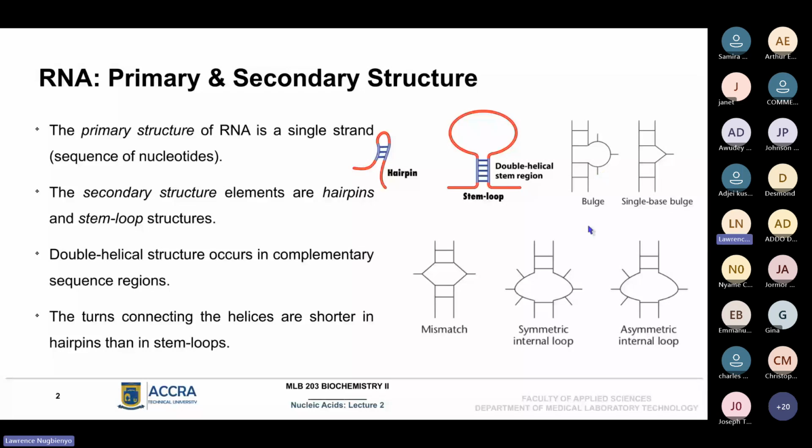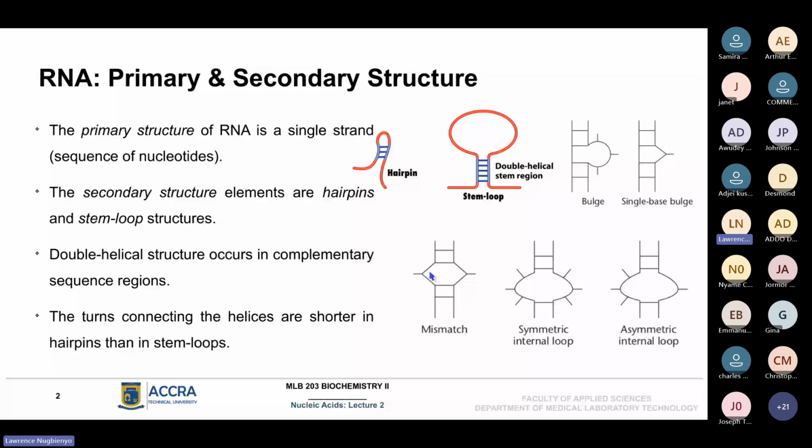Or you can have what is referred to as a mismatch. So for instance, if you have adenine on the left hand side and adenine on the right hand side, of course the two of them do not have complementarity. Or if you have adenine on the left hand side and guanine on the right hand side, both of them are purines. They are not going to have such complementarity.